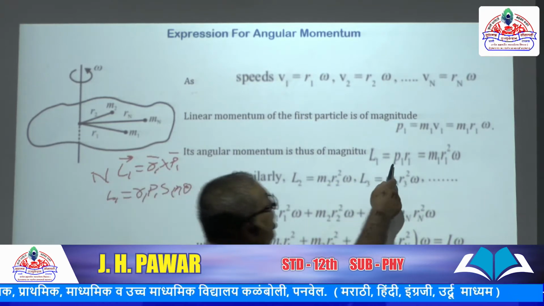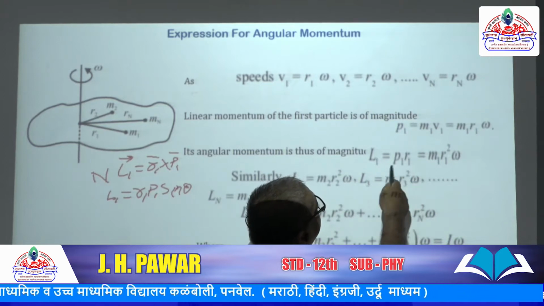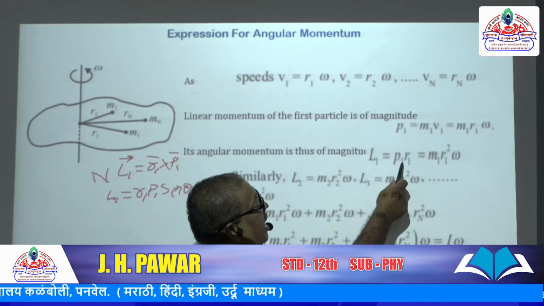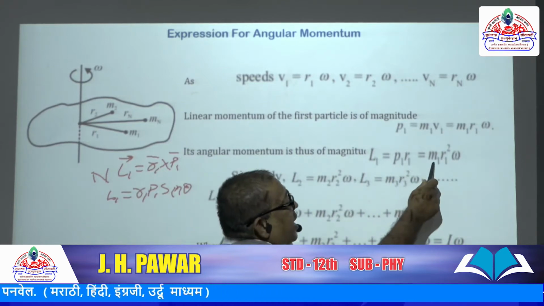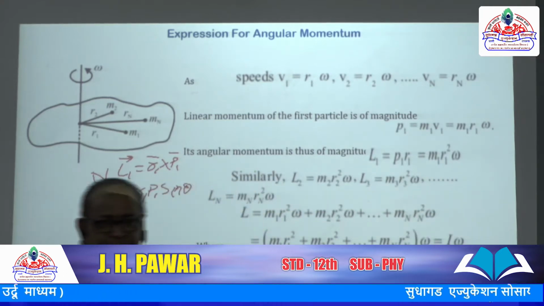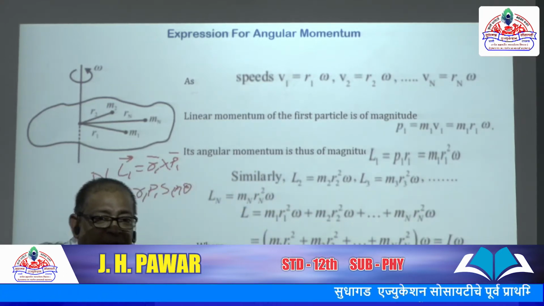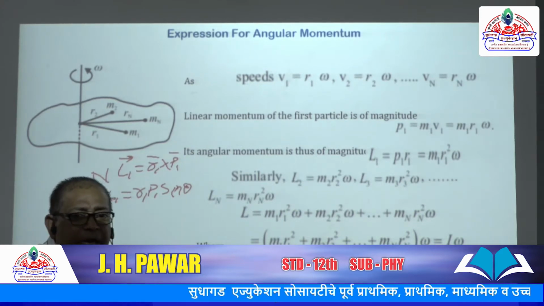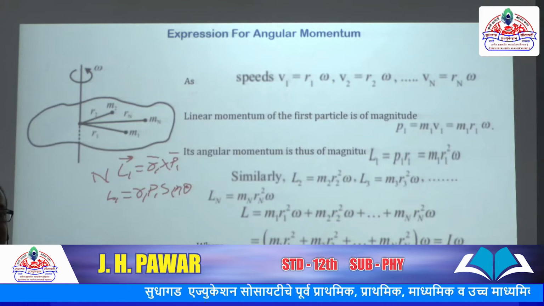Here P1 is m1 R1 omega, into R1, so you get L1 equals m1 R1 square omega. This is the angular momentum of a particle of mass m1.